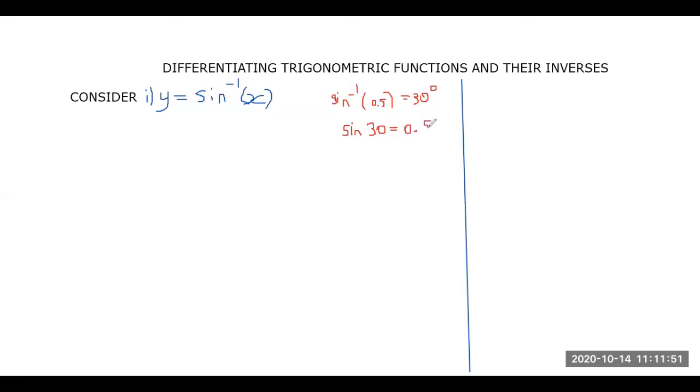Now, look where I'm going with this. Look at the connection. Change this 0.5 to x. So, if sine inverse of x is equal to y, then the sine of y is equal to x.